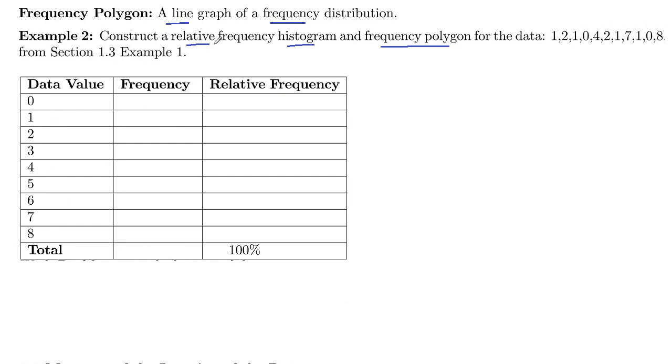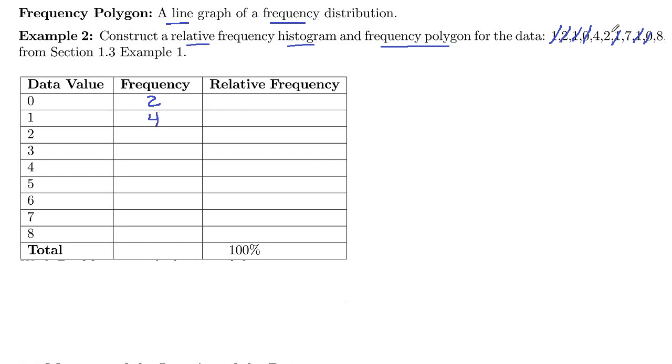In order to do the relative frequency histogram, so that's the bar graph, we first need our relative frequencies. But let's list our frequencies first. So zeros, we have 2 zeros. Ones, 1, 2, 3, 4 ones.